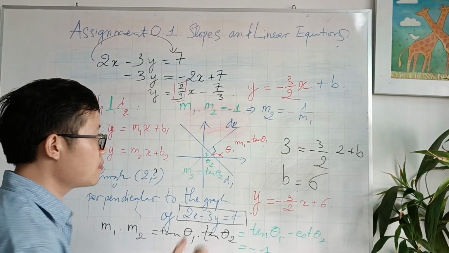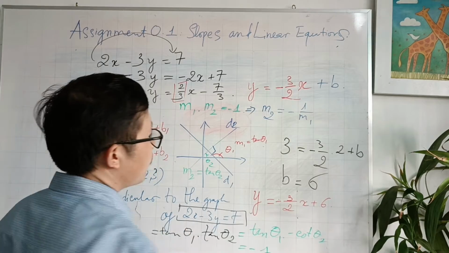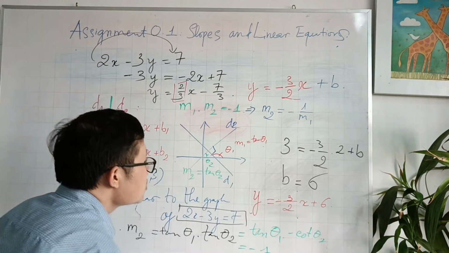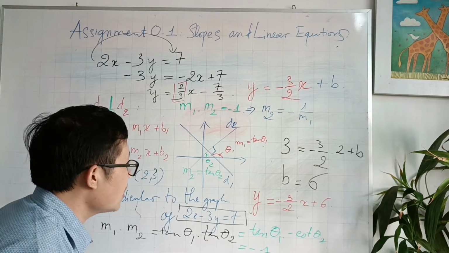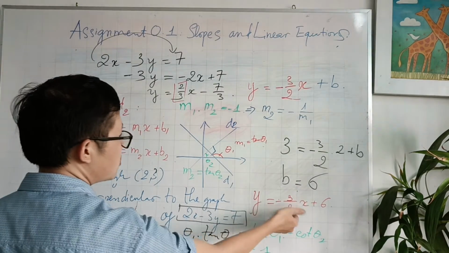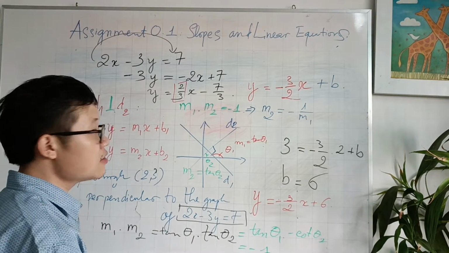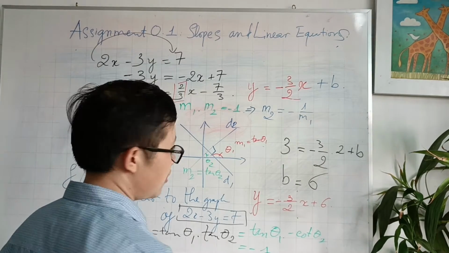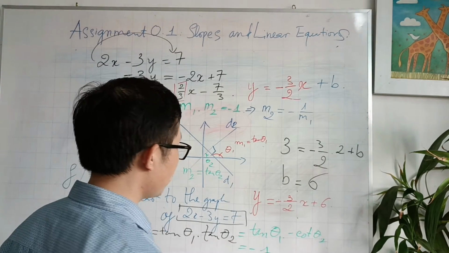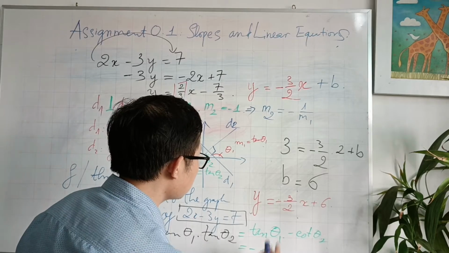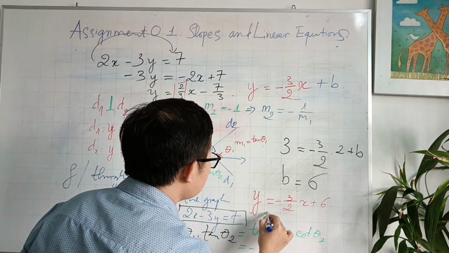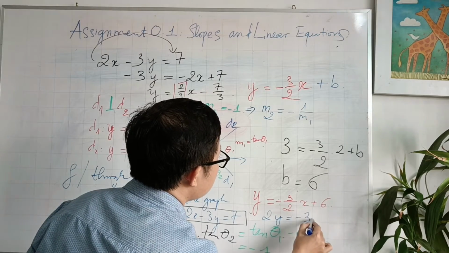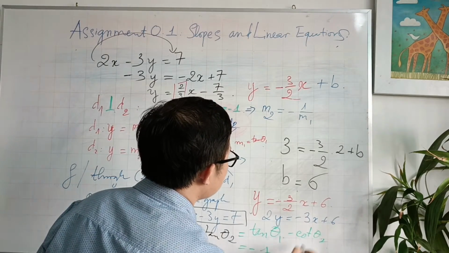And when we multiply both sides by 2 and we move all terms to the left side, we have the general form of this line. So if you want to expand the expression or equation, you can rewrite it: 2y equals minus 3x plus 6.